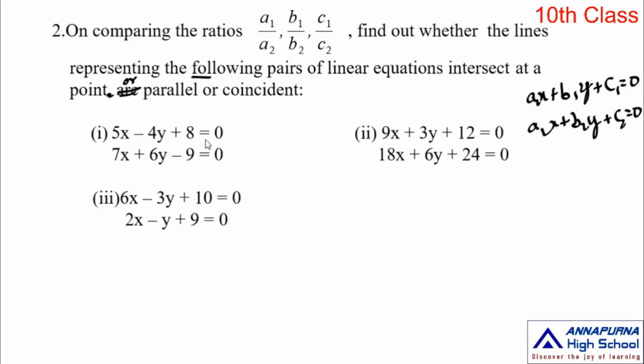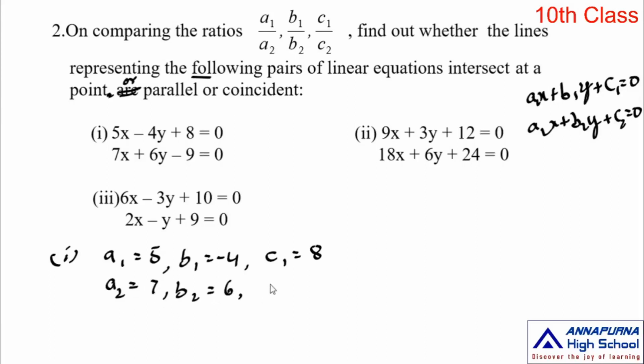Now you compare these two equations to the standard form. a1 is equal to 5, b1 is equal to minus 4 and c1 is equal to 8, and a2 is equal to 7, b2 is equal to 6, c2 is equal to minus 9.